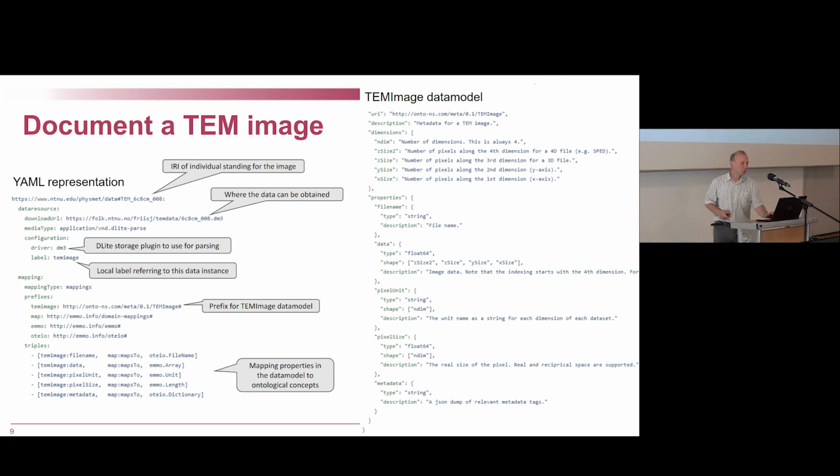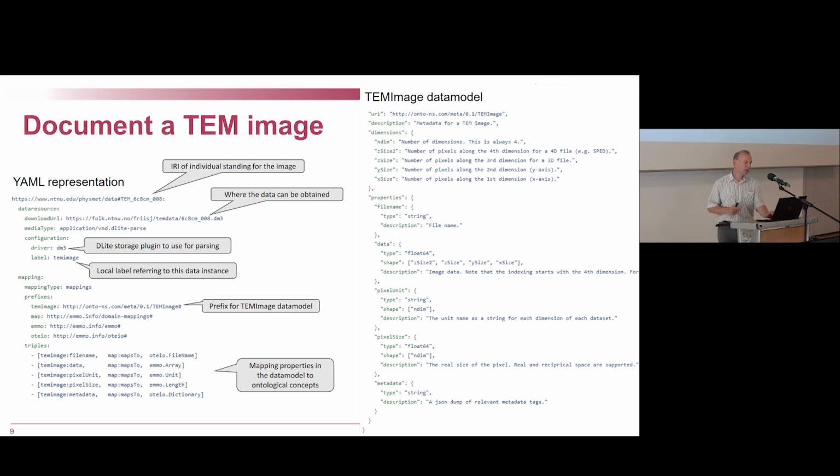And so what we can see here is a unique IRI that represents one TEM image we want to represent in the triple store as an individual. And then we have some additional data you can download. And then the parser we are going to use, so that is a more dedicated configuration in the parser.